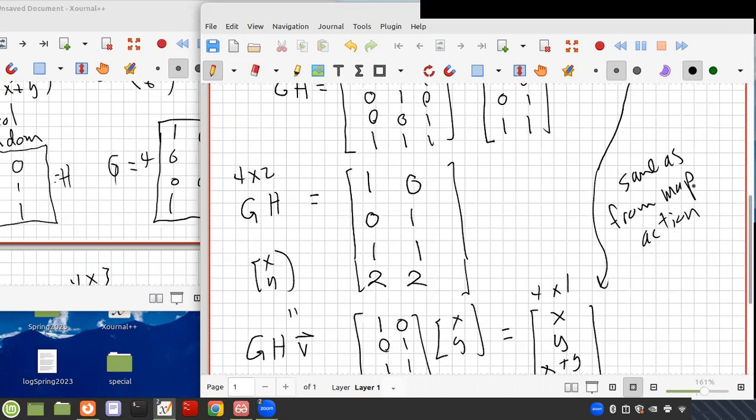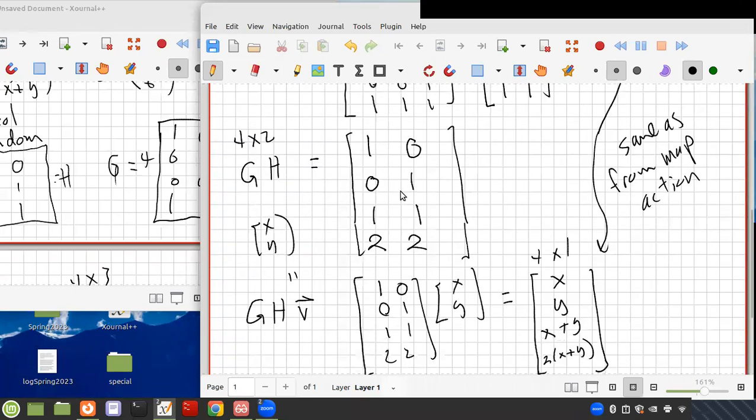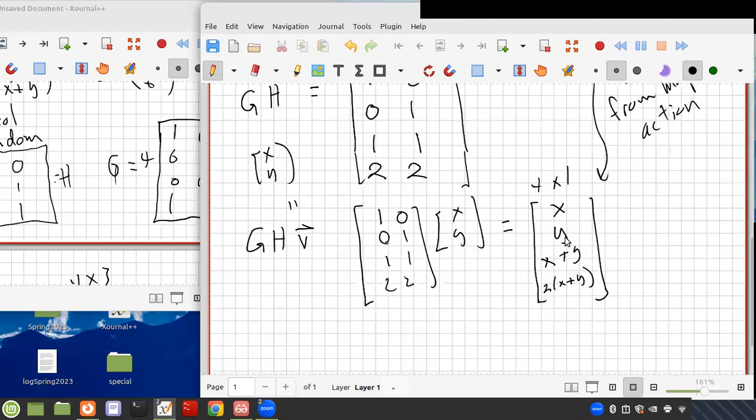If you have two maps, you could compose them by just their map action directly, or you could form the matrix of each one of them, multiply them, and that matrix is the representation of the composite. So you can just find the same results. Is this okay?